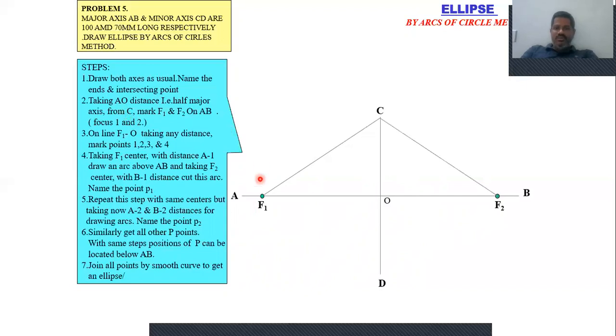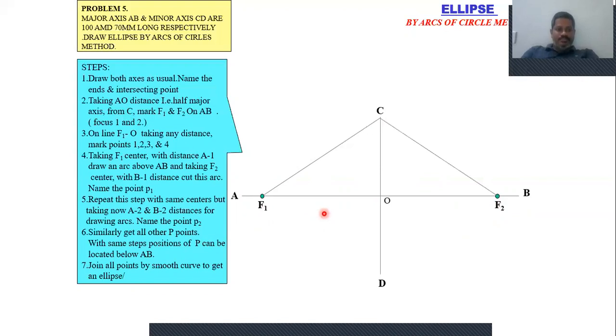So taking AO distance in our compass with C as center, intersect the AB line at F1 and F2. Those two points are called focal points. These are the fixed points.